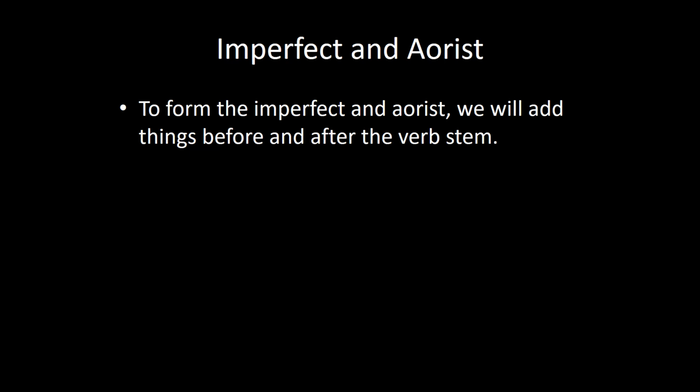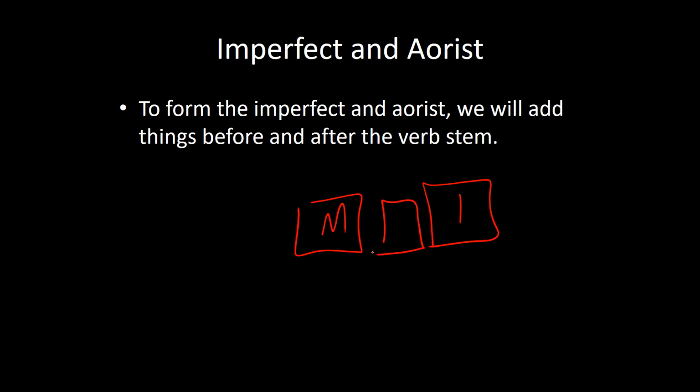So remember back when we studied present active indicative, we had one box, we'll just call that the verb meaning box, and then we put endings. We used the number 1 endings. Then we said, all right, let's do some future verbs, and right in between, let's add a sigma.